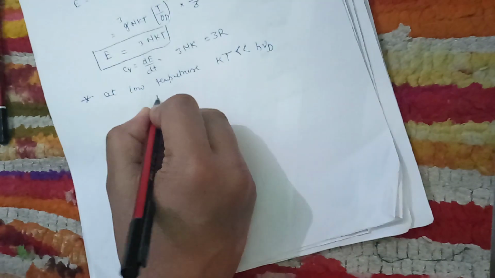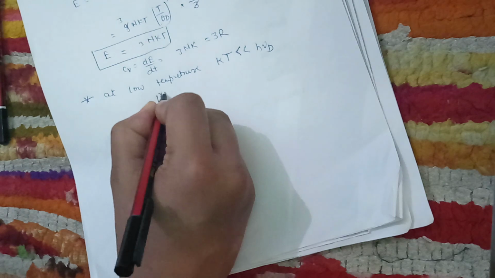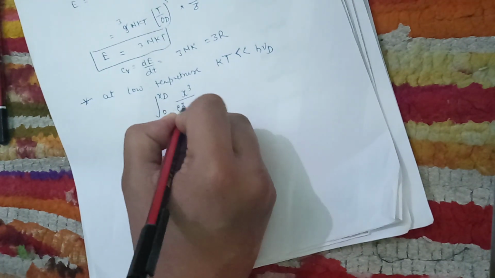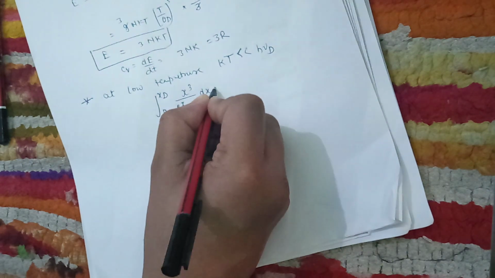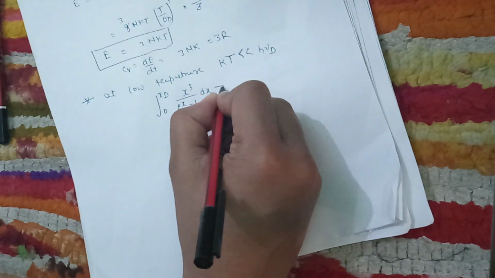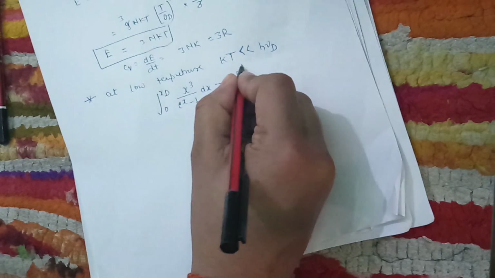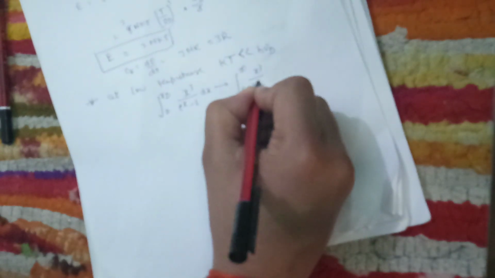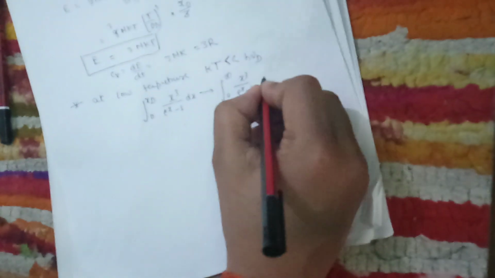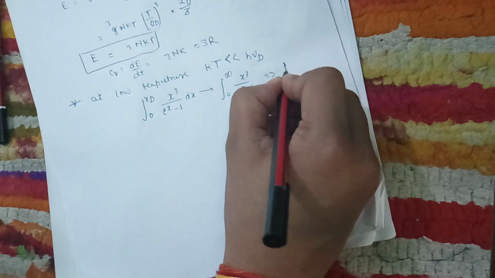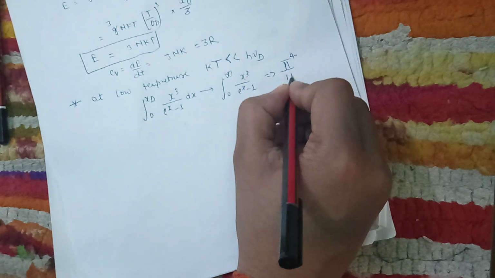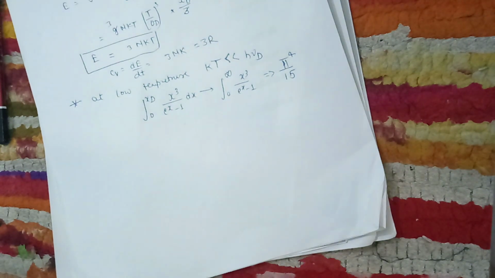So the integral 0 to xd of x cube by e to the power x minus 1 dx, this integration from 0 to infinity becomes 4 pi to the fourth by 15, if we solve this.